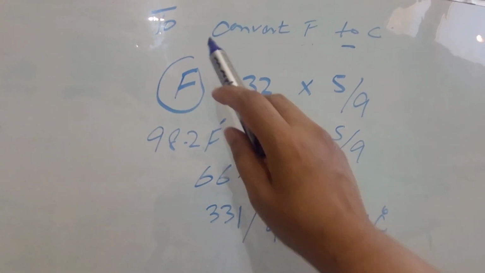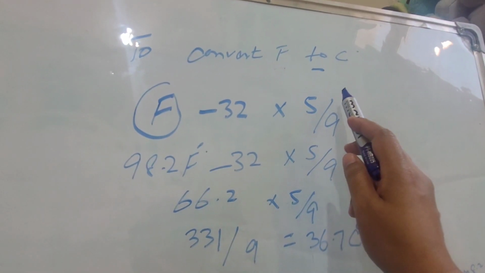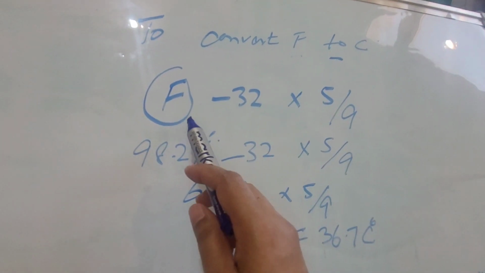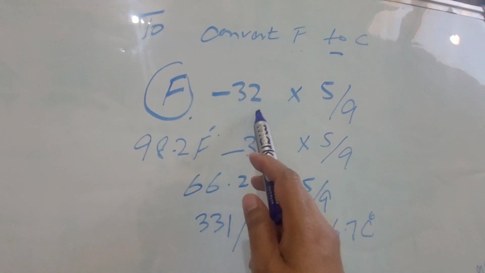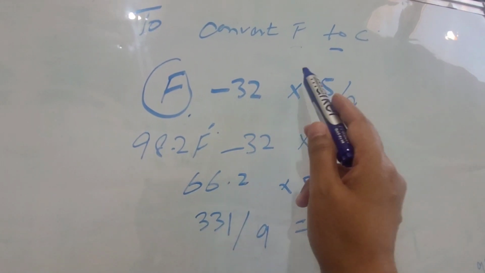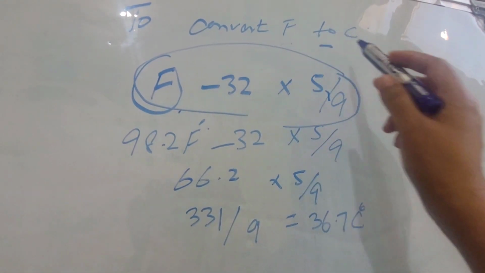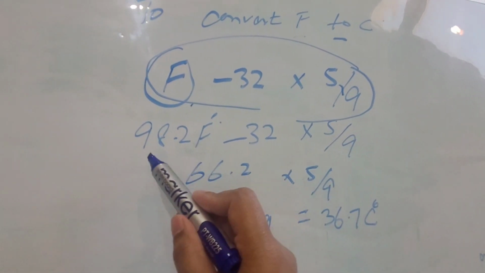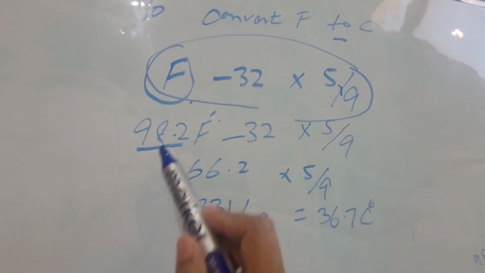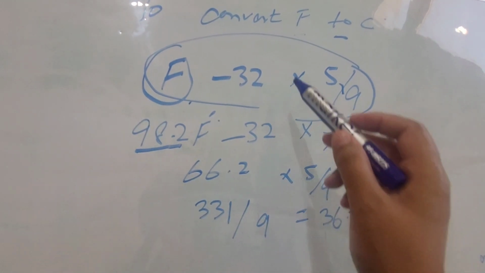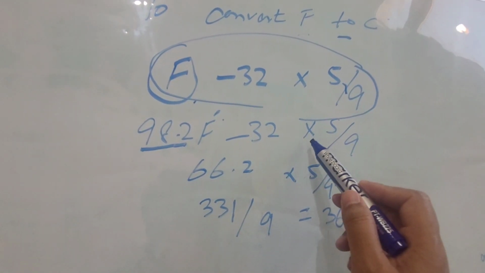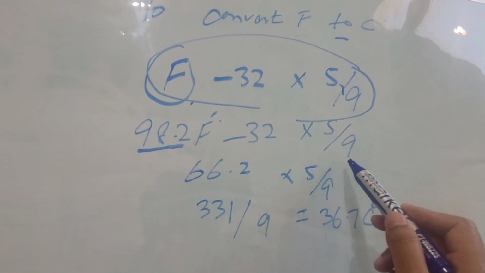So to convert Fahrenheit to Celsius, I will revise. Fahrenheit minus 32 multiply 5 by 9. This is the complete formula to convert Fahrenheit to Celsius. Now for example, the patient temperature is 98.2 minus 32 multiply 5 divided by 9.